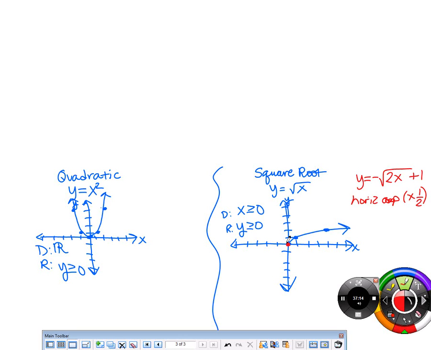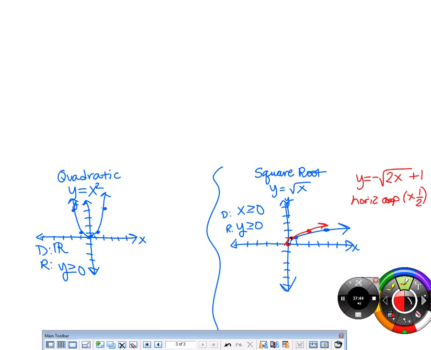I'm going to relocate this point so it's only half a unit away from the vertex instead of 1 unit over. This point over here, how far is it horizontally from the vertex point? 4. What's 4 times 1/2? 2. I would move that point so it's only 2 units away. And I would get a graph like this where it's getting horizontally compressed.